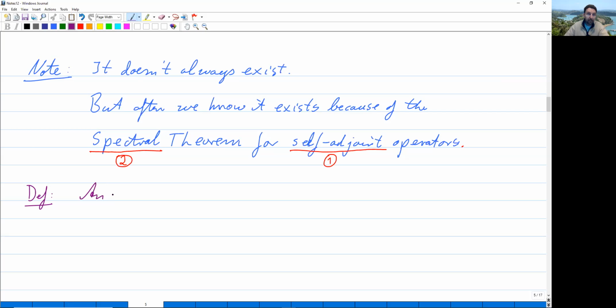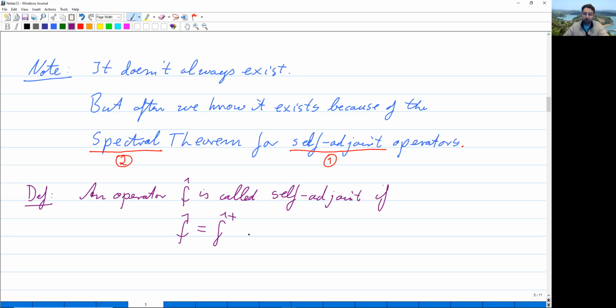So an operator, let's call it F hat, is called self-adjoint if F hat is equal to F hat dagger, its Hermitian conjugate, and so they act the same way on vectors, right?